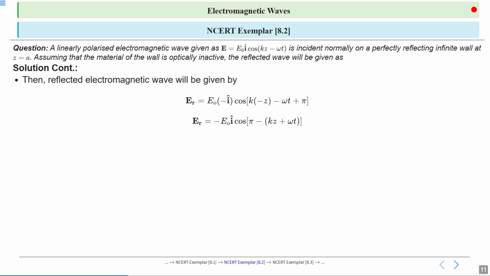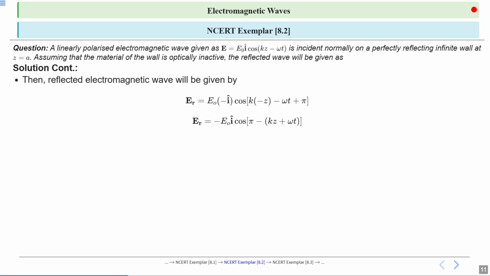Now cos(pi minus theta). Pi minus theta is in the second quadrant, and cos in the second quadrant is negative. So cos(pi minus theta) will result in a negative value. Also, we are doing conversion by pi radian.